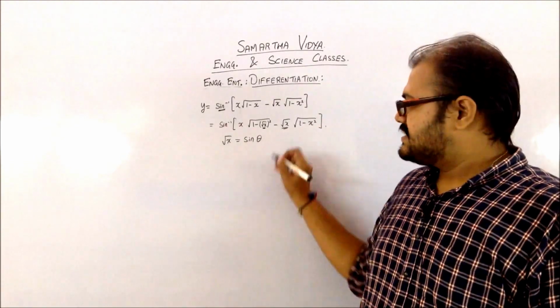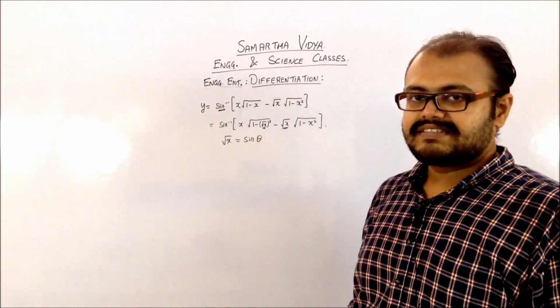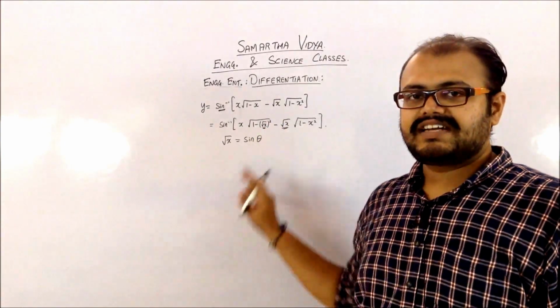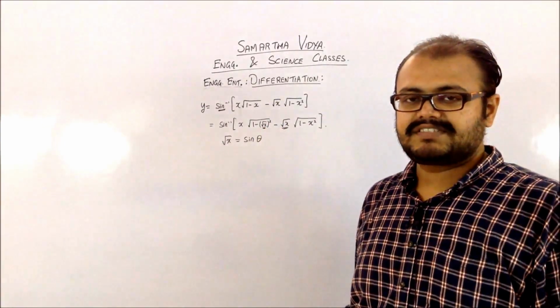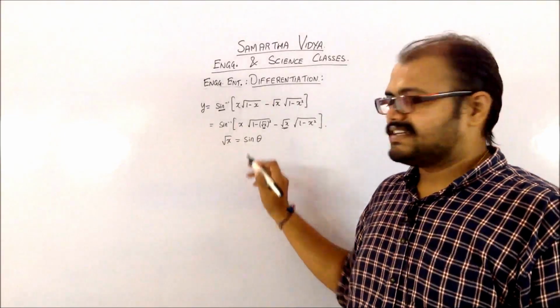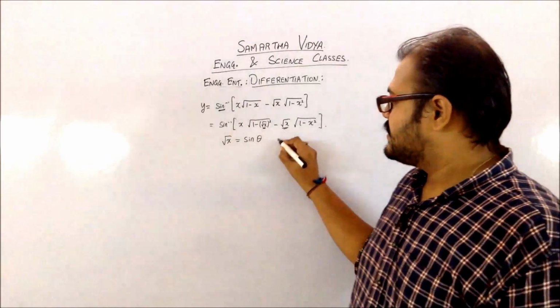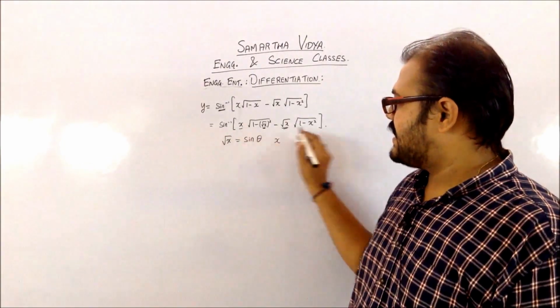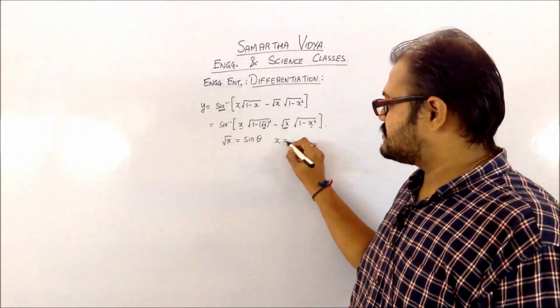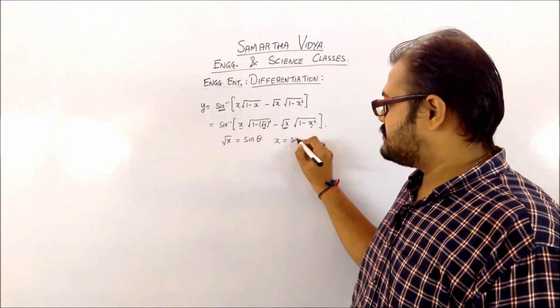So what you can see is that there is a root x and a root x present. In this you have a 1 minus root x square. So whenever you are having a 1 minus x square as a term in the equation, you can substitute that thing as sine theta. You can see that there is a x and this x square present over here. So you can substitute x as some other variable like sine phi.